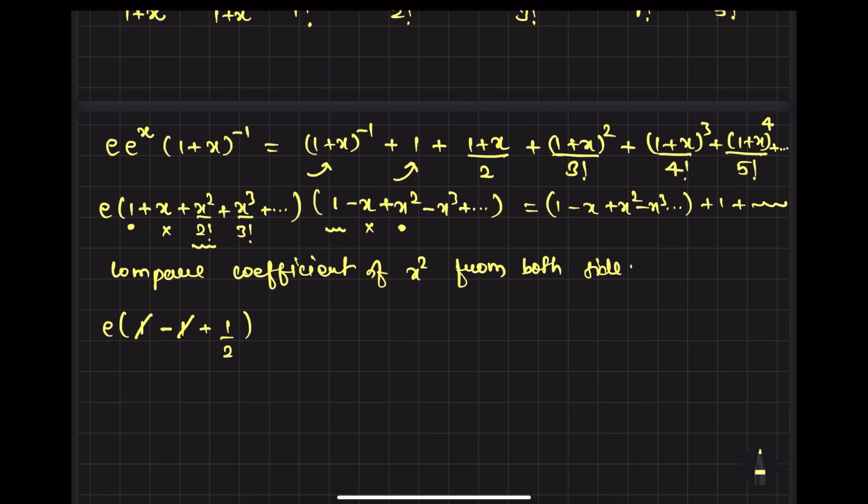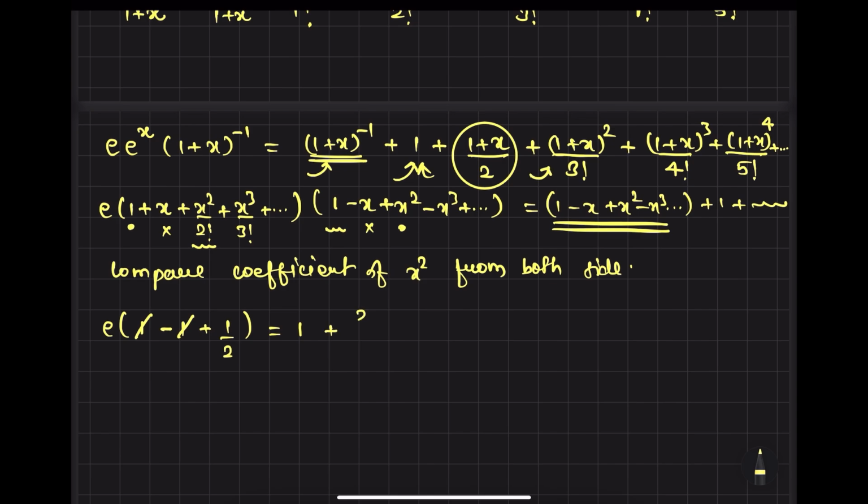Now look at the first part. From the first part, can we have an x square component? Yes, we will have an x square component as 1. Can you have an x square component from here? No. Can you have an x square component from here? No. Can you have an x square component from here? Yes.